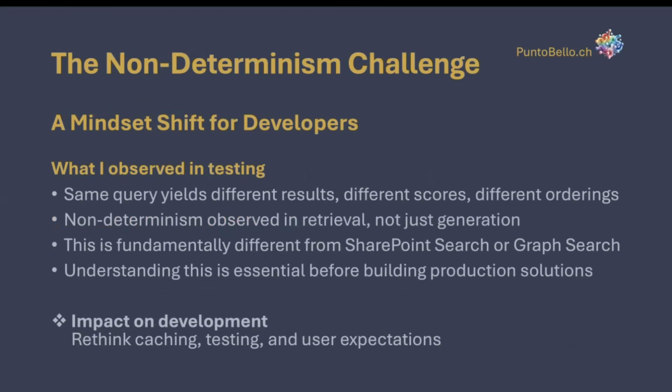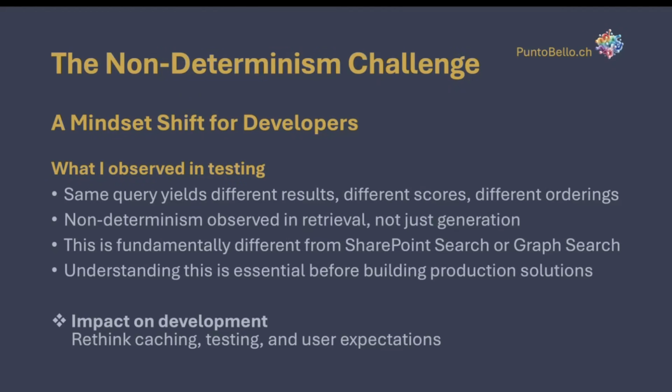And this is probably the most important thing I want to share. Until now, with SharePoint search and Graph search, we were accustomed to a deterministic system: the same query returns the same results. With these new APIs, that's no longer the case. In my testing, the same query could return different results, scores, or ordering.